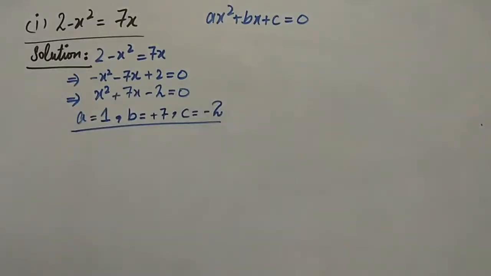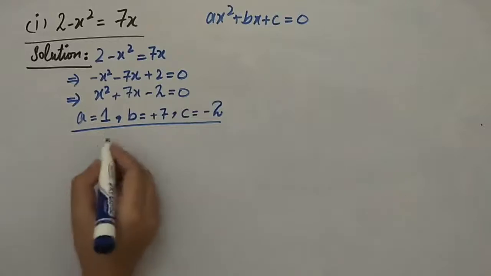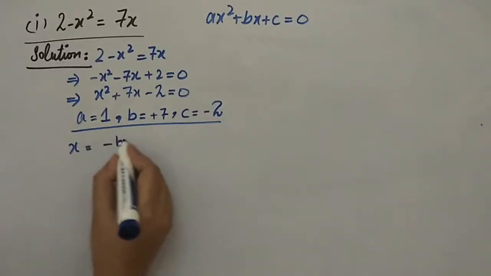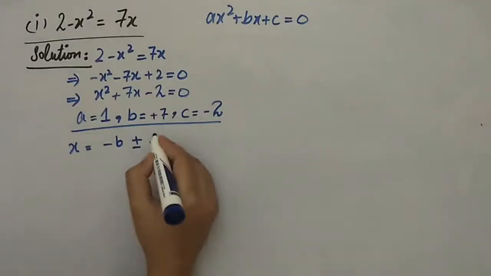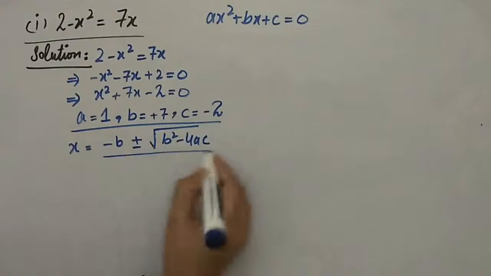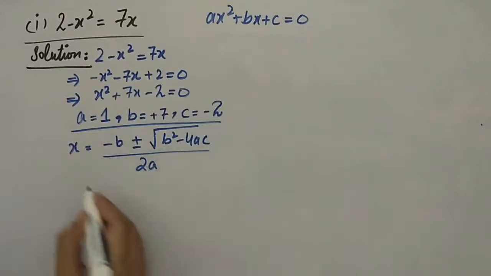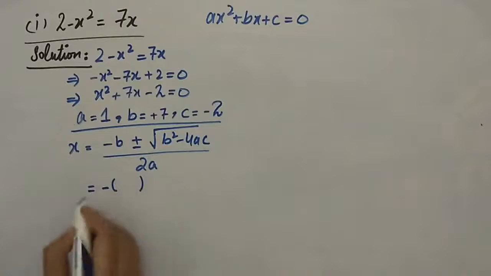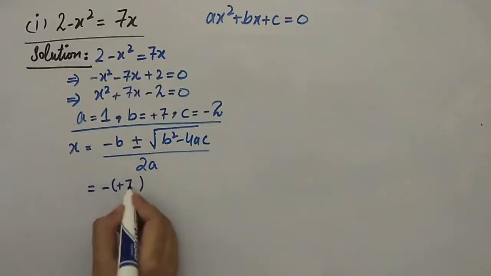Now we have to use the quadratic formula to find the value of x. x is equal to minus b plus minus under root b square minus 4ac over 2a. Clear? Minus then the value of b. What is the value of b? It's plus 7.